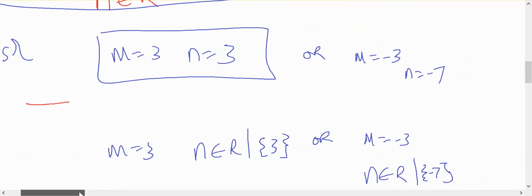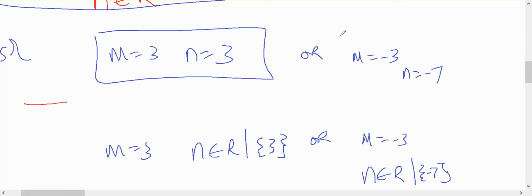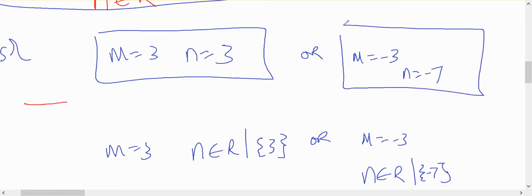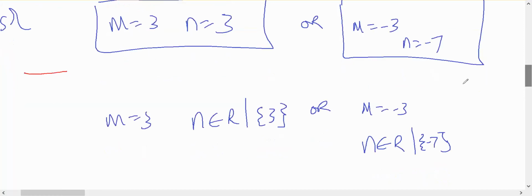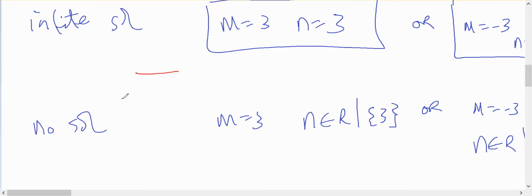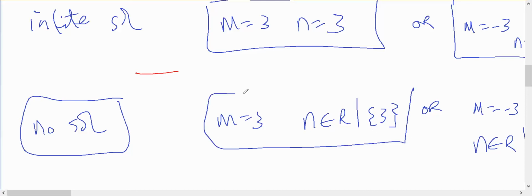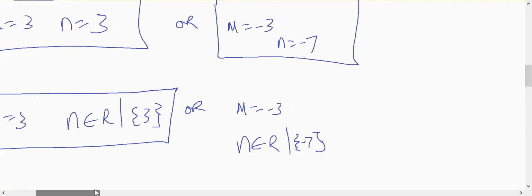And when I explore -3, I will have infinite solutions only when n equals -7, which means I will have other parallel lines that will give me no solutions whatsoever when the two equations are not equal, and that will be when m equals 3 and n is anything except 3, or when m equals -3, n is anything except -7.